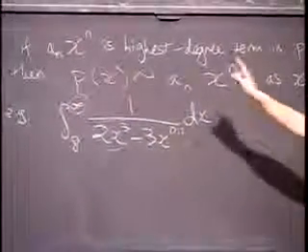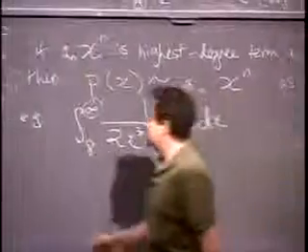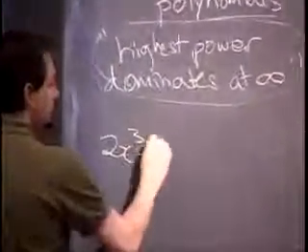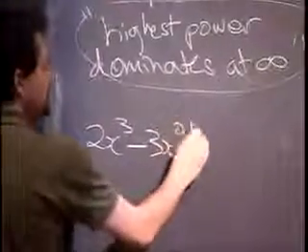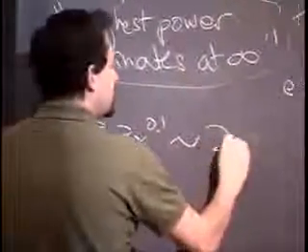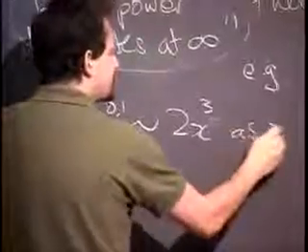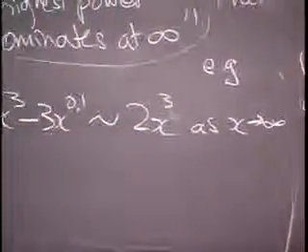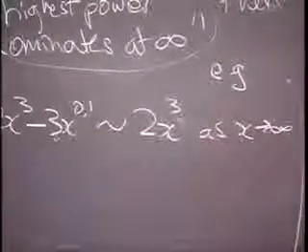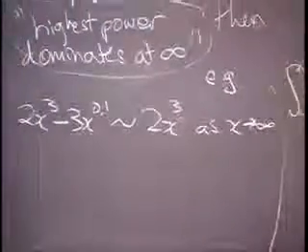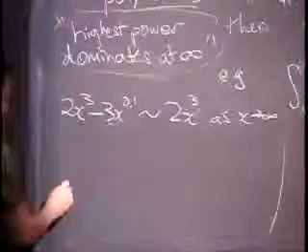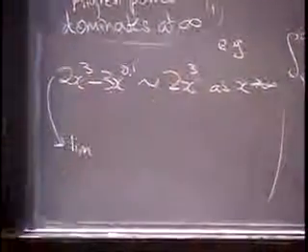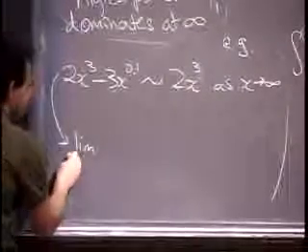So I whip out this principle and I say, well, 2x cubed minus 3x to the point 1 should behave like 2x cubed as x goes to infinity. I'm ignoring this lower power here. Now, that's probably worth proving, and it's not very difficult. Here's the justification of this. If you want to show something like this, then you just consider the ratio.